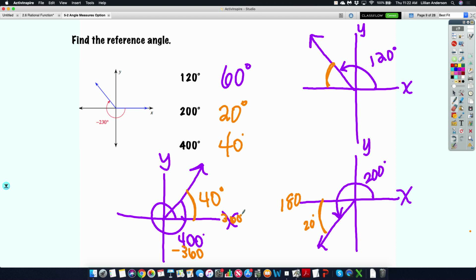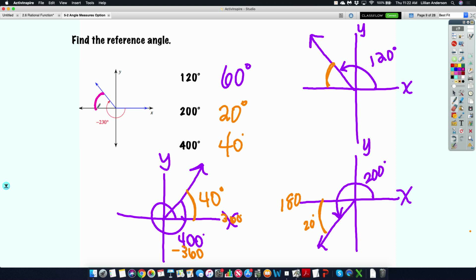And again, just like how you can go around multiple times to create larger angles, you can also go in the clockwise direction, which we have done in this diagram here. Okay? I want to know my reference angle, which again is the angle that's between the terminal side and the x-axis.